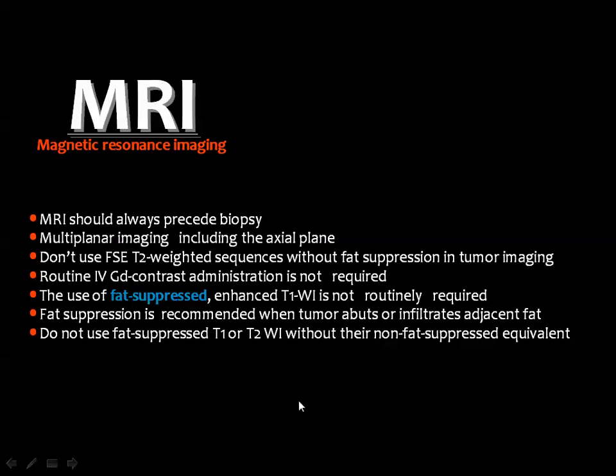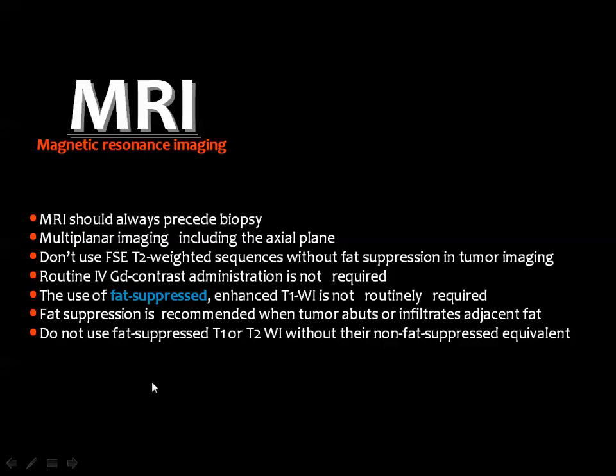MRI is one of the major tools in evaluation of the soft tissue tumors, and it should precede biopsy taking. MRI, of course, has three-dimensional imaging, and fat suppressed techniques can be used to detect the fat content of the lesion and to delineate the lesion much better, especially after contrast injection.